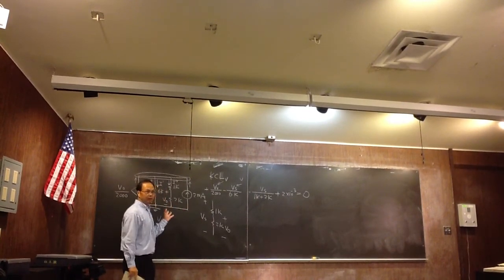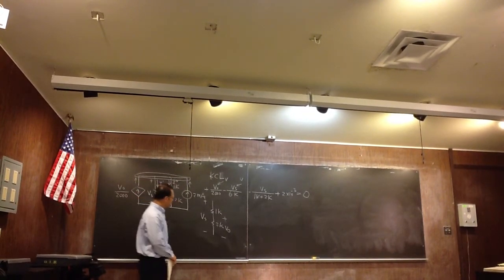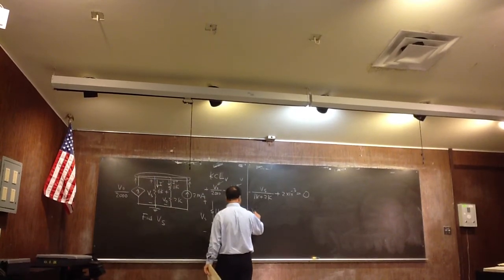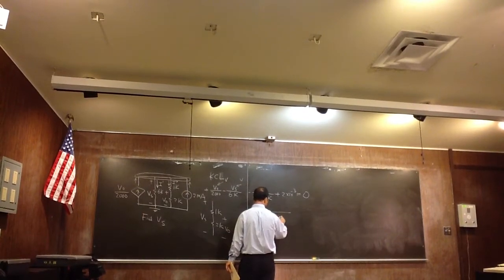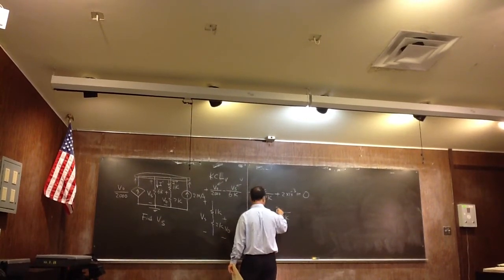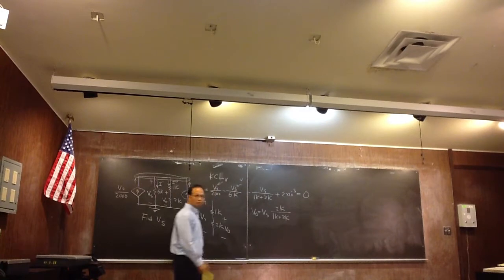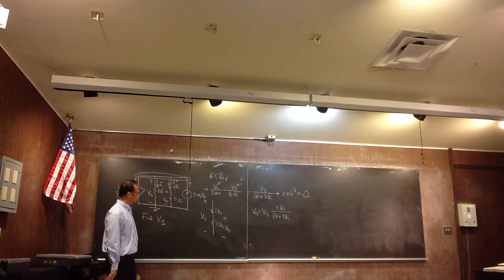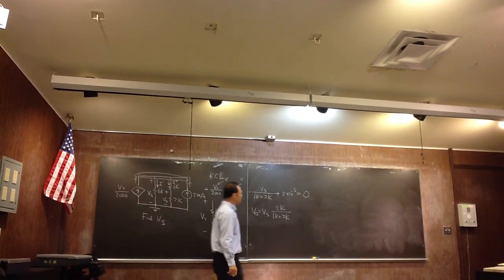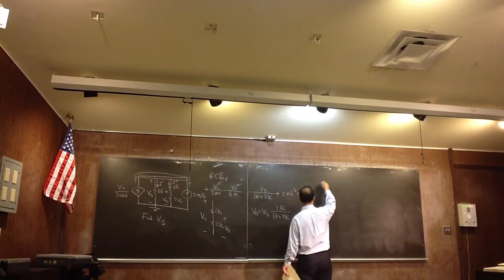If you remember the voltage divider rule, it will tell you that V sub O is equal to V sub S times 2K over 1K plus 2K. Do you remember that formula? Let me remind you again. Let's put a more general case.